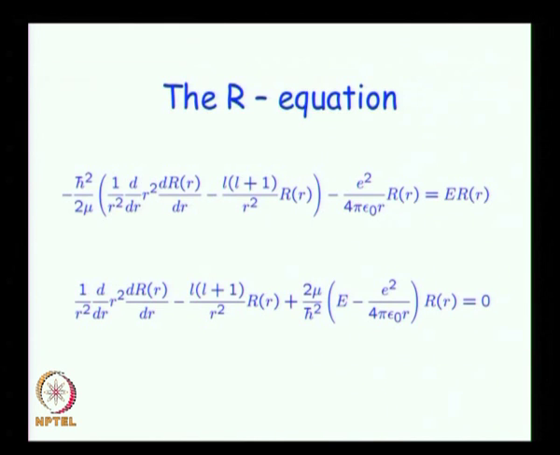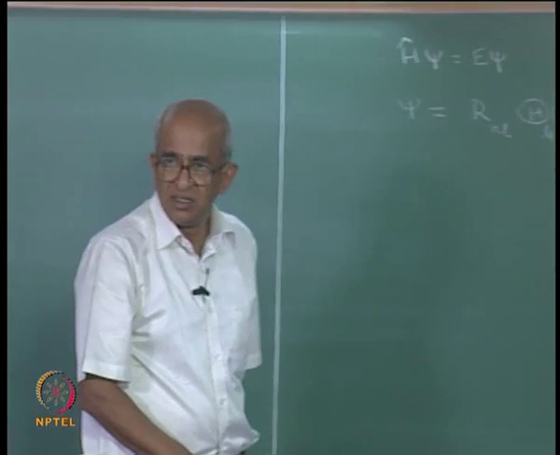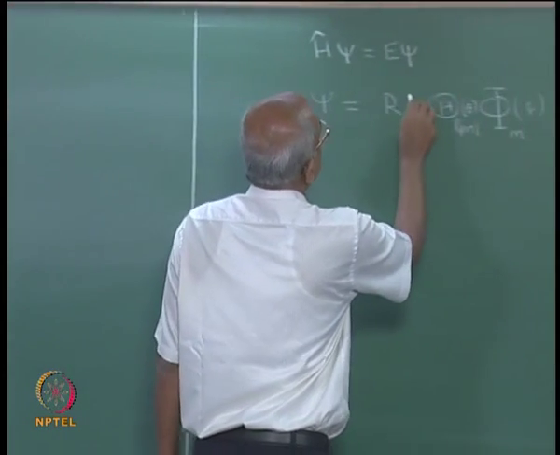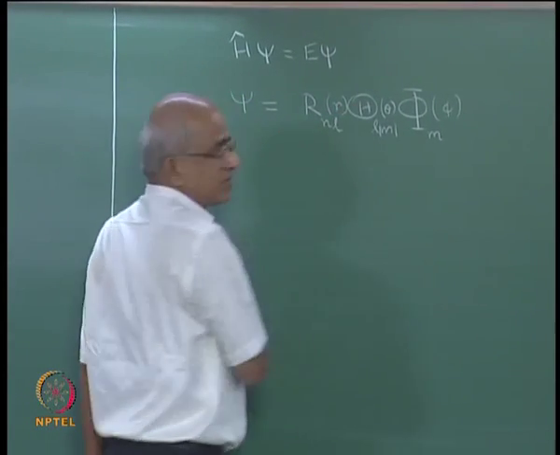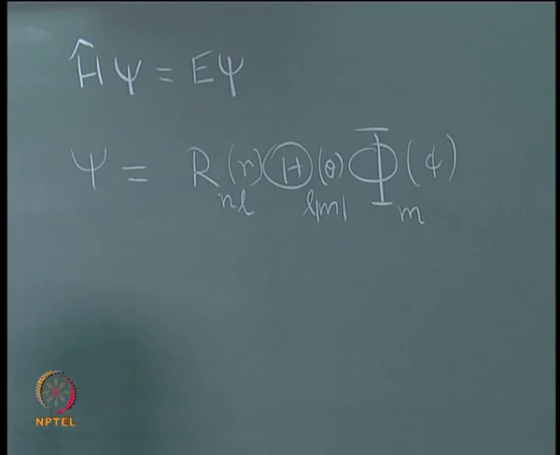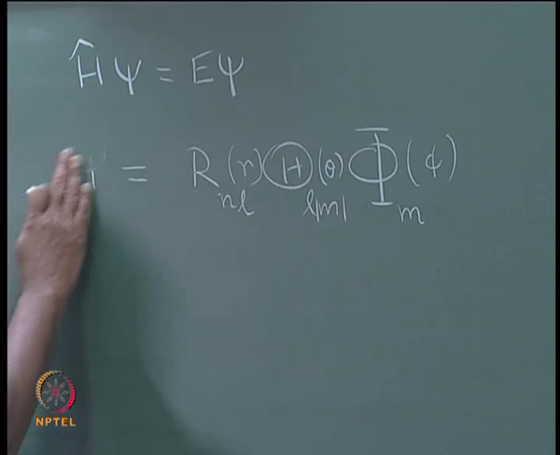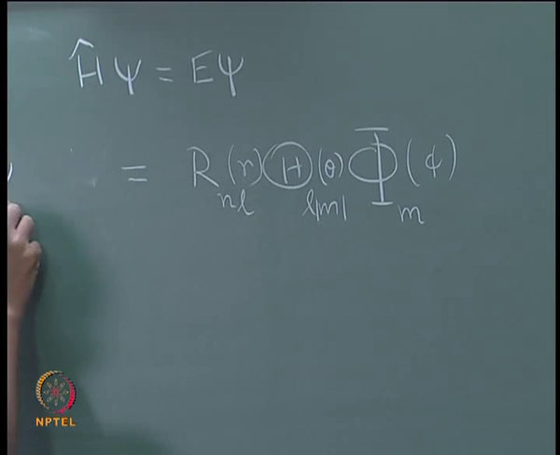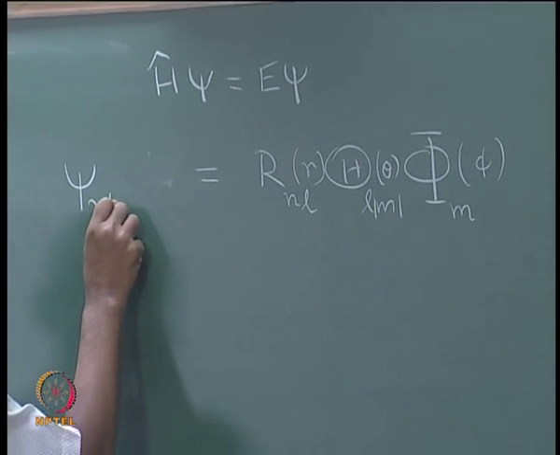So, therefore, you realize that capital R actually will depend upon the values of n and L, right, and so this is the general nature of the solution. This is how the solution appears, and so my wave function psi depends upon all the 3 quantum numbers.